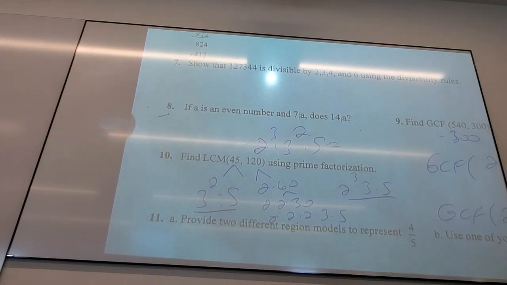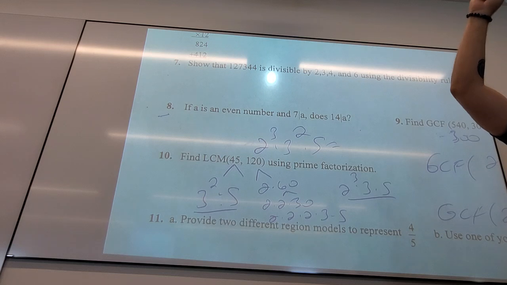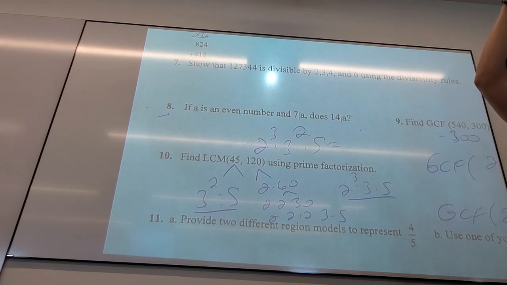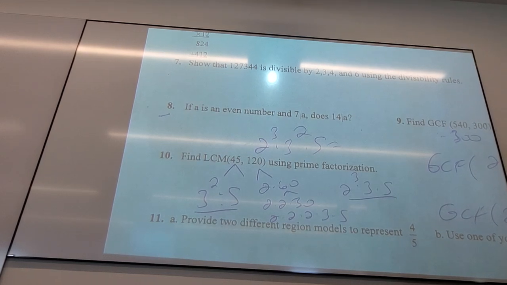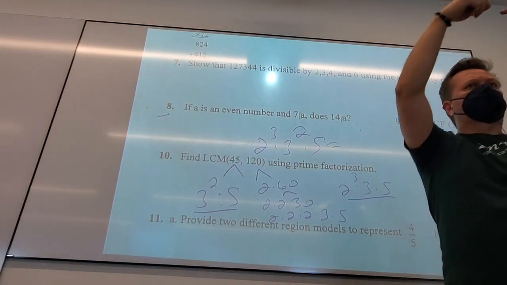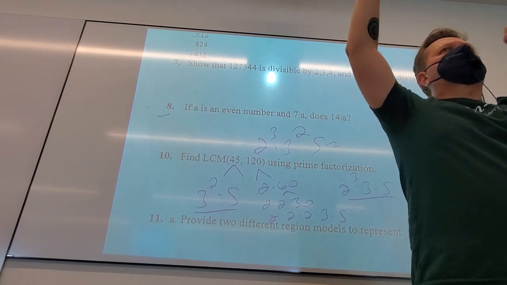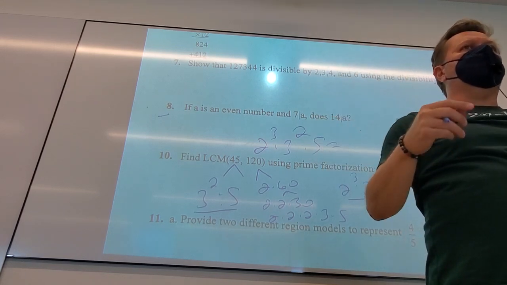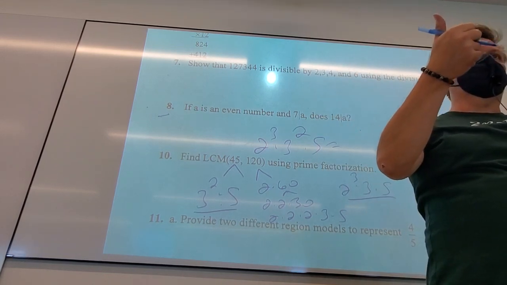I don't know if you weren't here earlier, but real quick. What's the rule for 6? How do I know something's divisible by 6? If it's divisible by 2 and 3, yes. Why does that work? Because 2 and 3 are relatively prime. So what's the rule for 14? If it's divisible by 2 and 7.